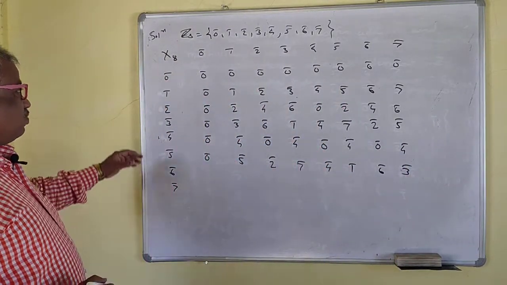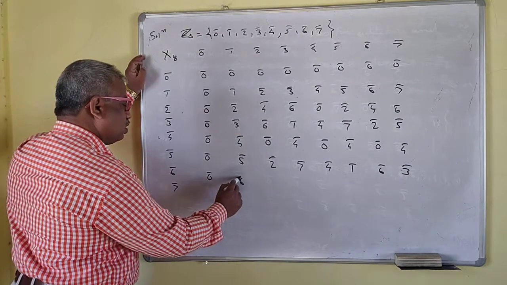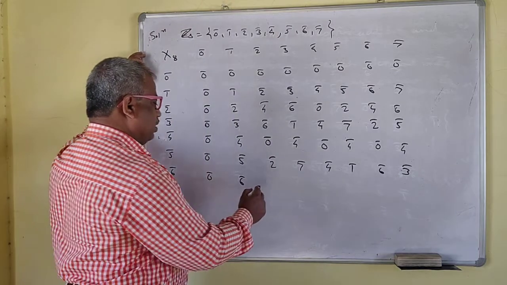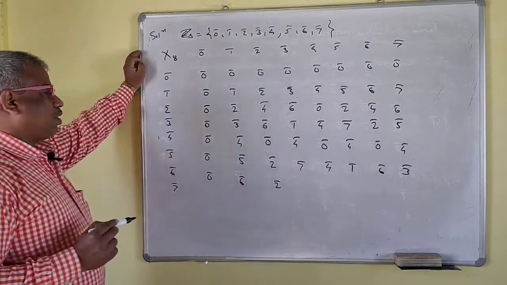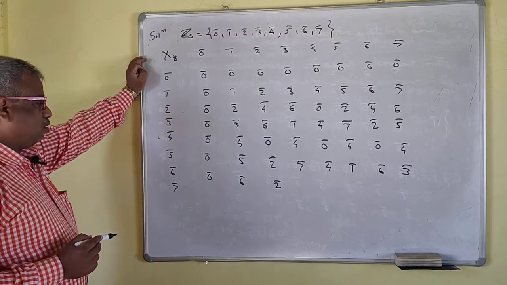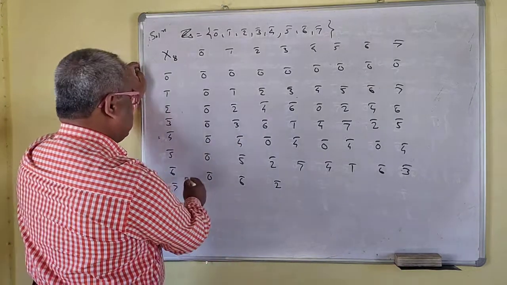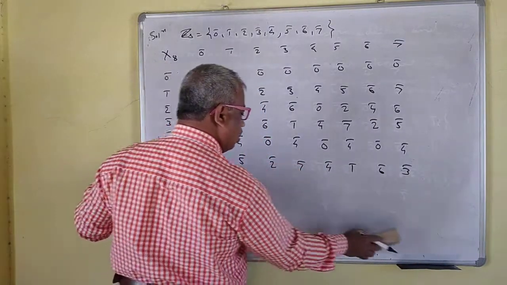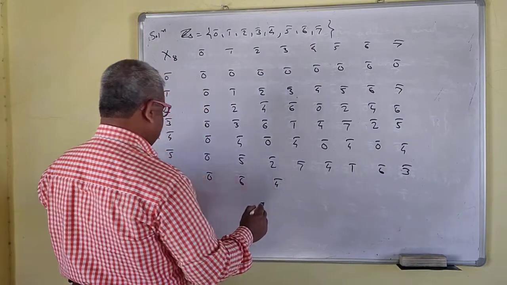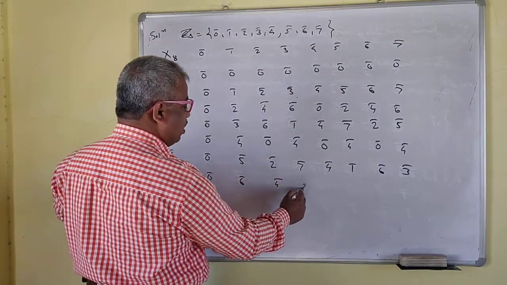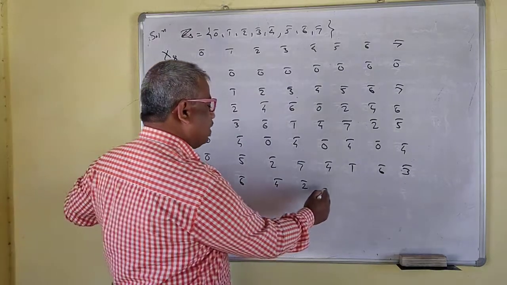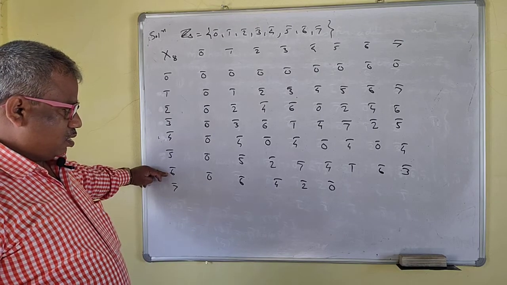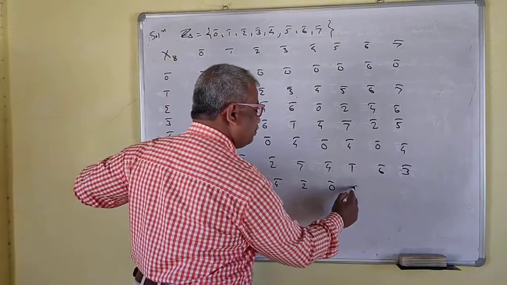Okay. Now for 6 bar. So this is 0 bar, 6 bar. 18 bar is same as 2 bar. Okay. 6 into 2 is 12 bar. So this is 12 bar. 12 bar means 4 bar. Then 18 bar is same as 2 bar. 24 bar is 0 bar. 30 bar is 6 bar.